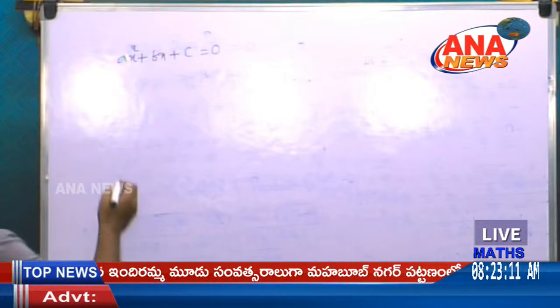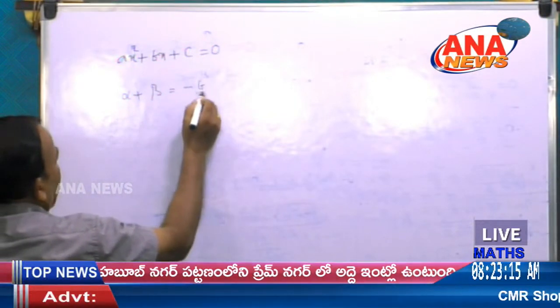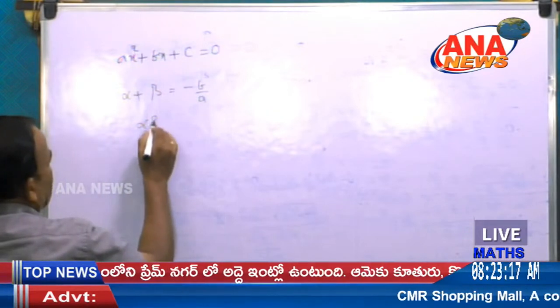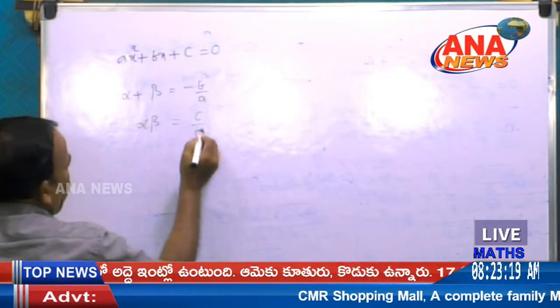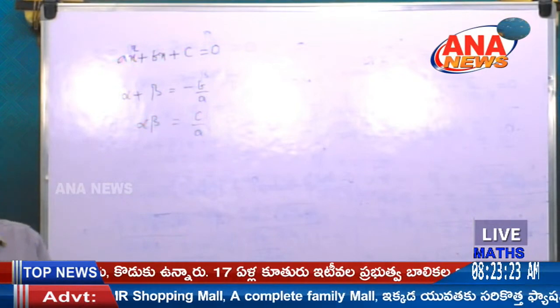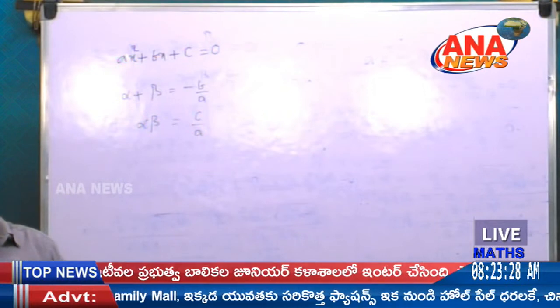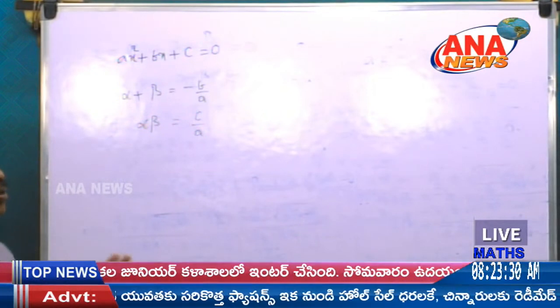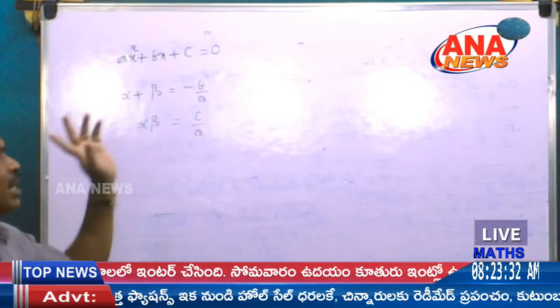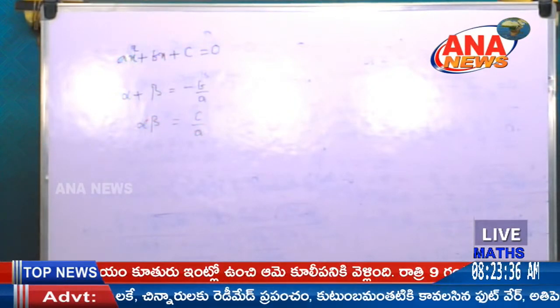The sum of roots, alpha plus beta, is equal to minus b by a, and alpha beta is equal to c by a. This is the relation between roots and coefficients of a quadratic equation.